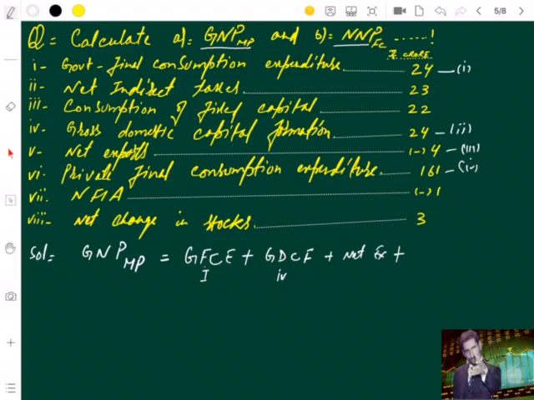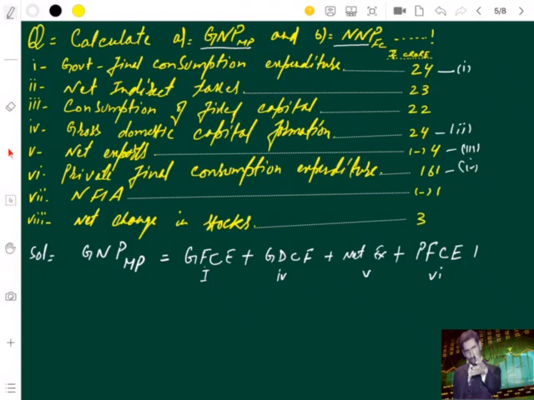Net exports was at the fifth level, private final consumption expenditure is at the sixth level. What remains is net factor income from abroad. Do we require it? Yes, of course we require it.